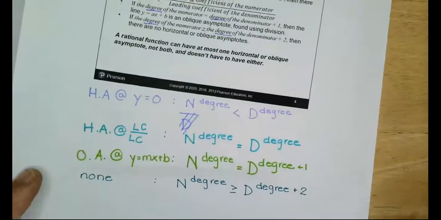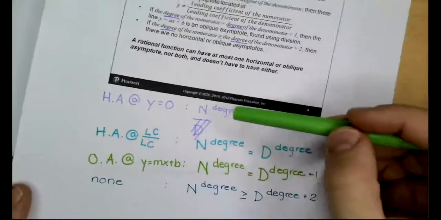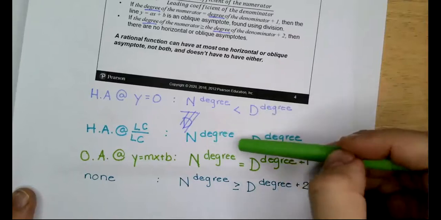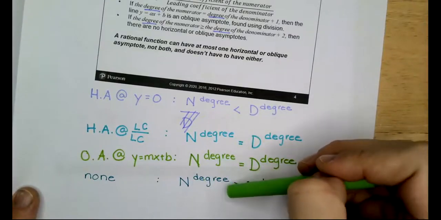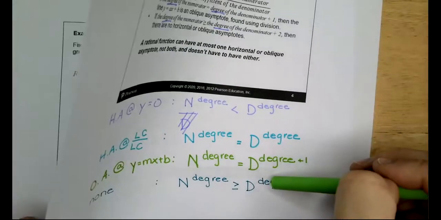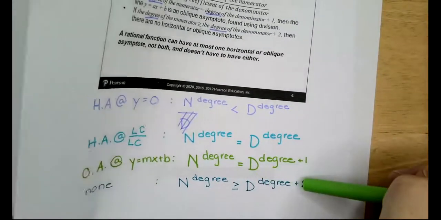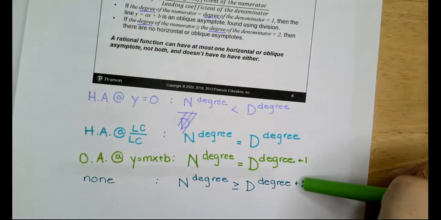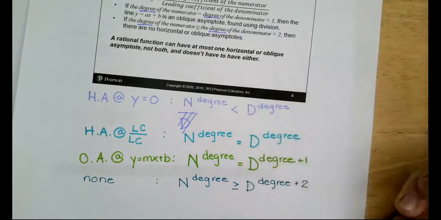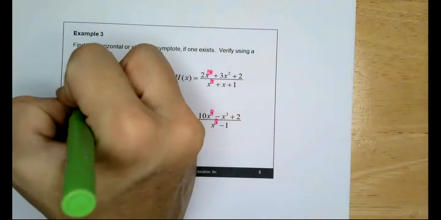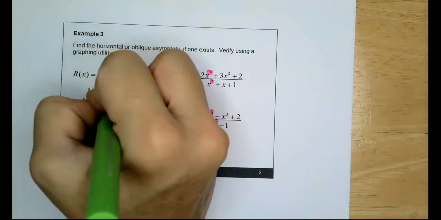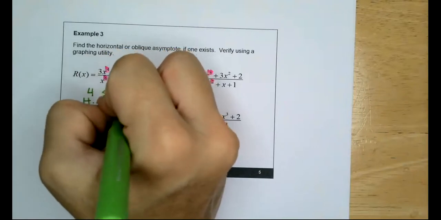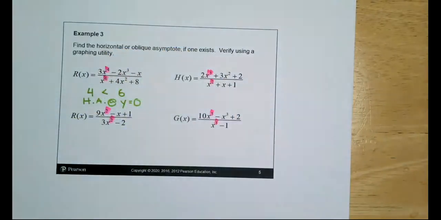Would we say 4 is less than 6, 4 is equal to 6, 4 is equal to 6 plus 1, or 4 is greater than or equal to 6 plus 2? It's 4 is less than 6, right? So that means we have a horizontal asymptote at y equals 0.